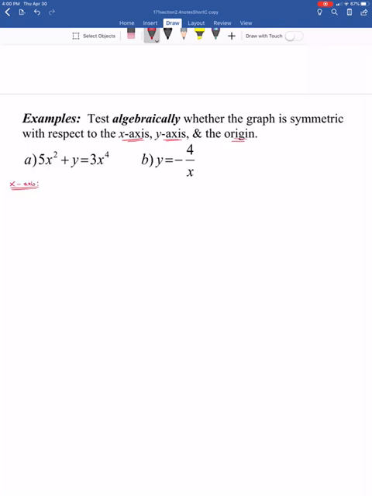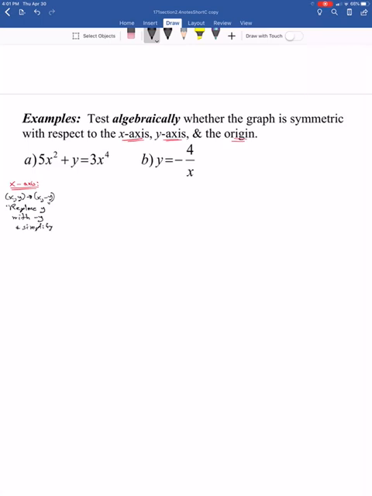So remember our test. Every ordered pair, x, y, we need to find the ordered pair x, negative y on there. Alright, so we're going to replace y with negative y. That's our work. Replace y with negative y, and then simplify. That's the work algebraically.